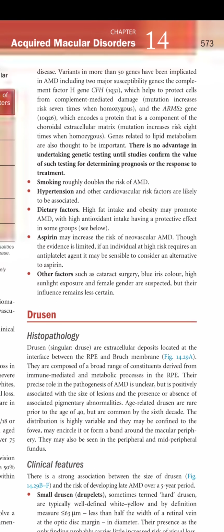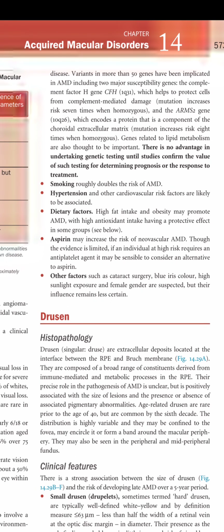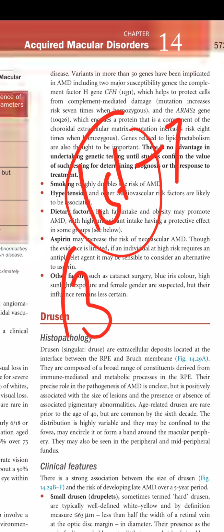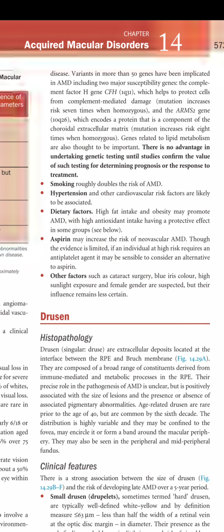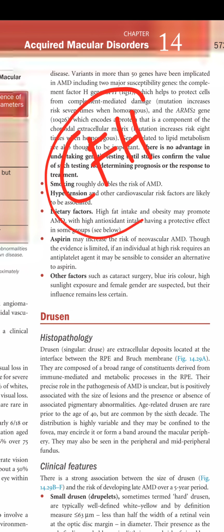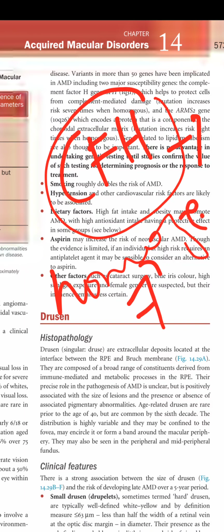So basically, for first degree relatives, the risk of developing AMD is 3 times higher than other individuals. And there are certain kinds of genes, two of which are most important. One is the CFH gene, and if a homozygous mutation is present, the risk increases up to 7 times.